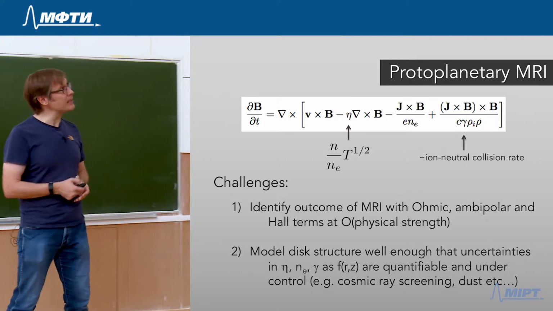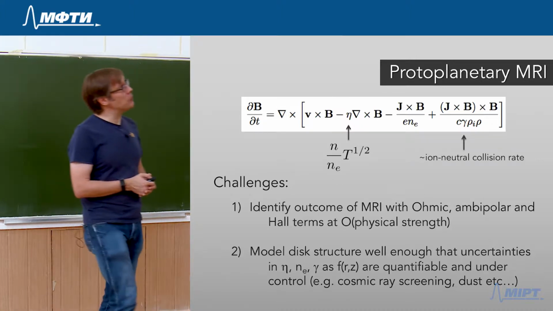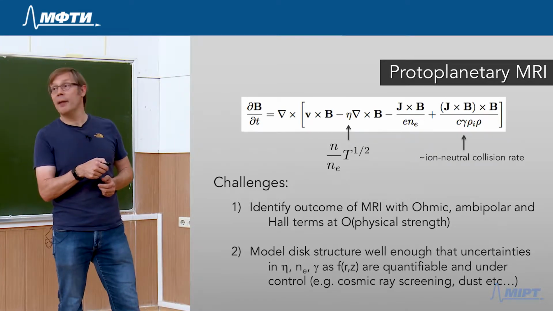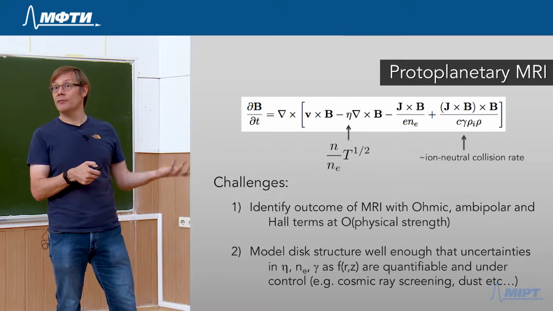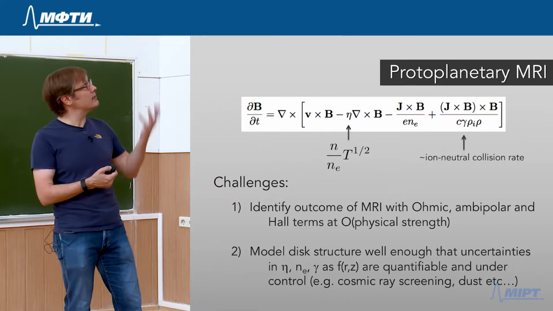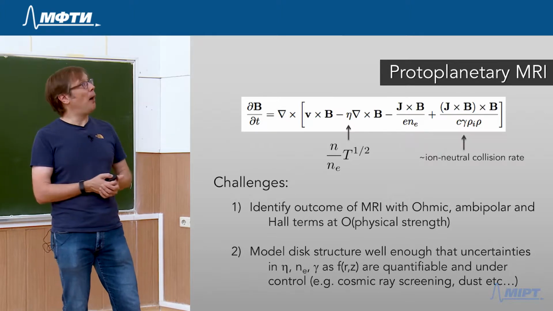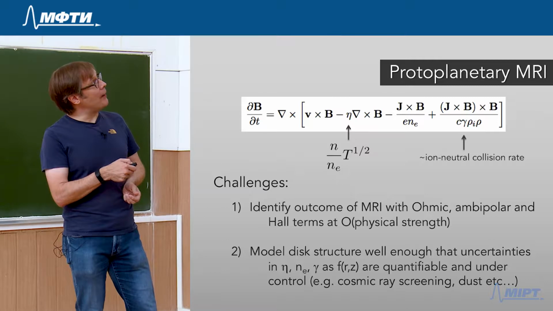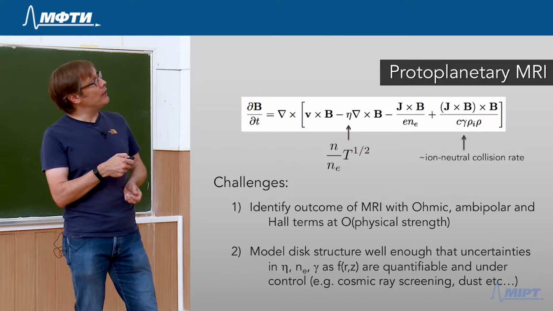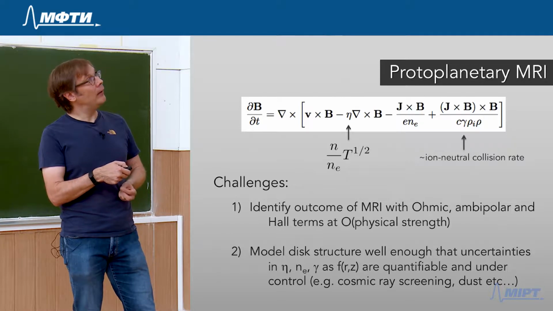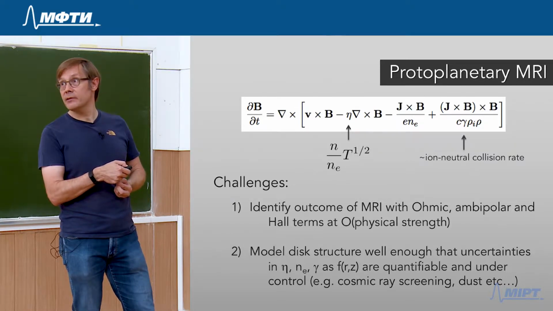So if we want to ask how this works in protoplanetary disks, how these non-ideal terms modify the magnetorotational instability or give rise to different transport processes or different turbulent processes, there are two parts to the story. One is to ask how the MRI would behave given these terms at the strength that we expect them to be in protoplanetary disks.